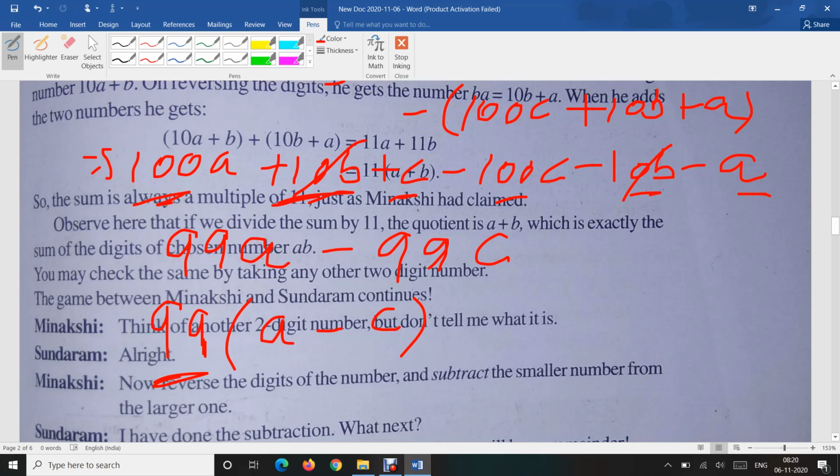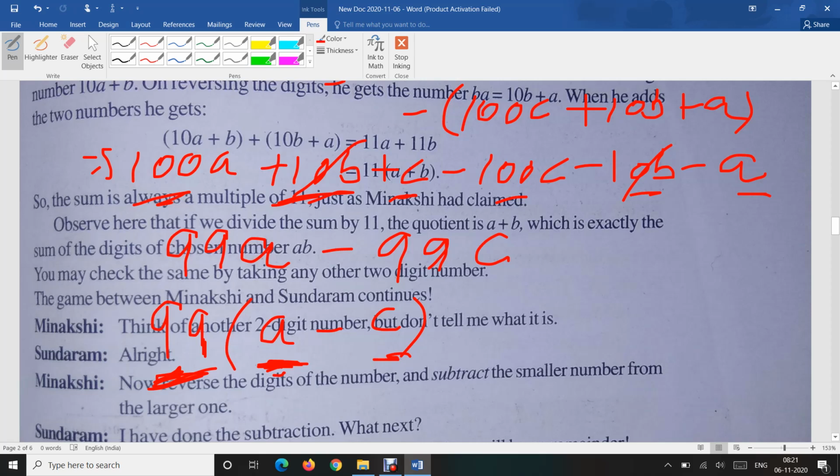One thing you have to notice is that it is the difference between A and C, that means between the first and the last number, not the middle number. So here we take only the first number and the last number, which replace A and C, and it will be divisible by 99.